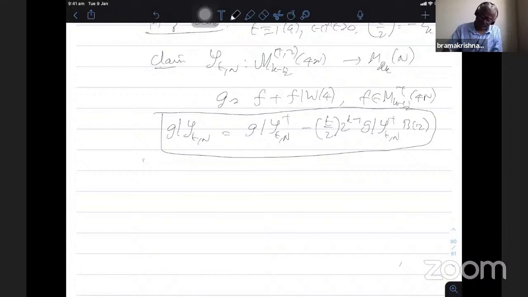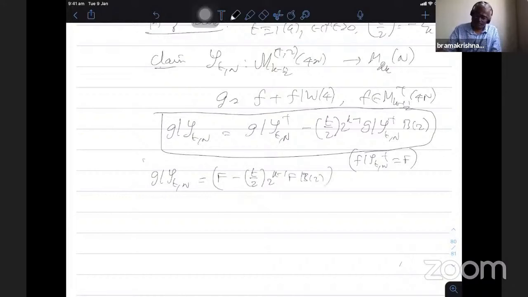Therefore, G bar S_{T,N} is, assume that f bar S_{T,N} plus is capital F. So I take that one, which is equal to capital F minus T by 2 power k minus 1, f bar B2. So that's what I did, the first one.